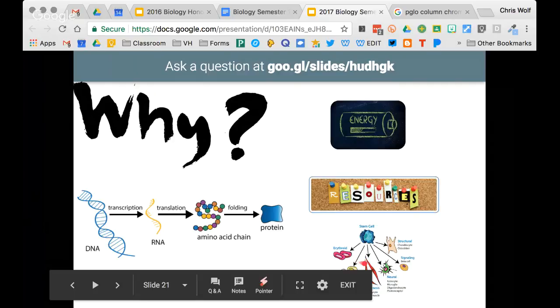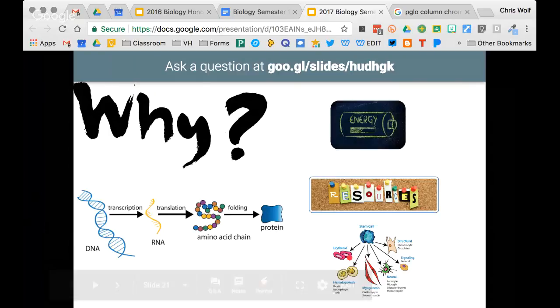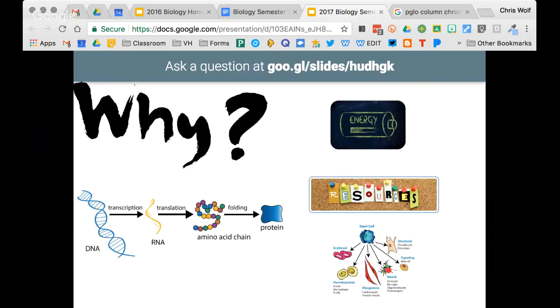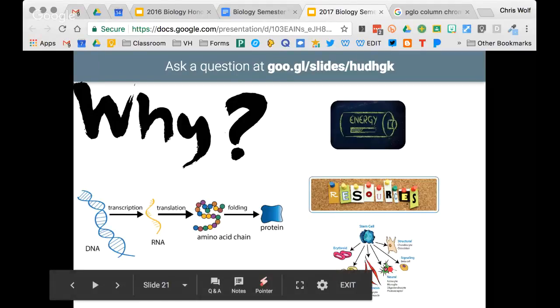And so in these specialized cells, those genes that aren't necessary, say to be a nerve cell, are turned off. They're not being expressed. They're there, they're just turned off. And what scientists are trying to do is, well, we know the DNA is there. How do we get those genes to be turned back on?